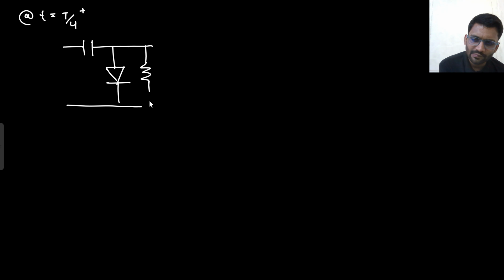This is my capacitor and this is my diode. This is V0, this is the capacitor, this is the input voltage, and this is charged to 5 volt in this direction, or Vm you can say.